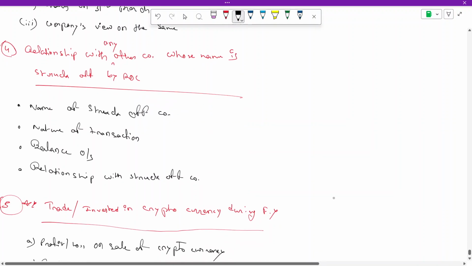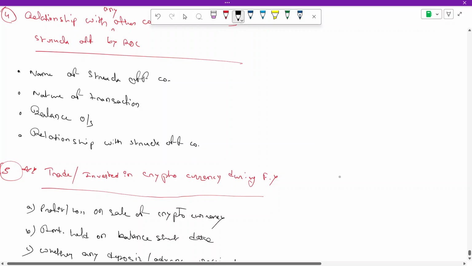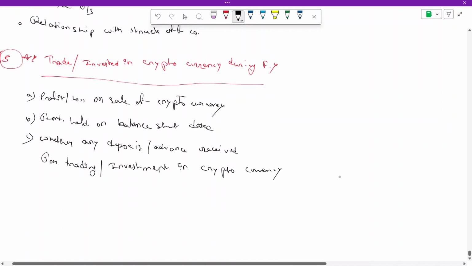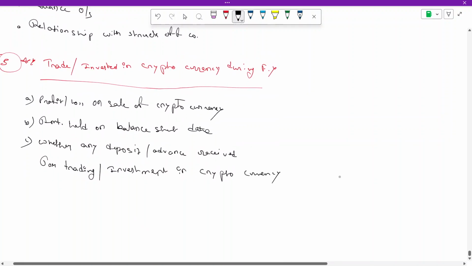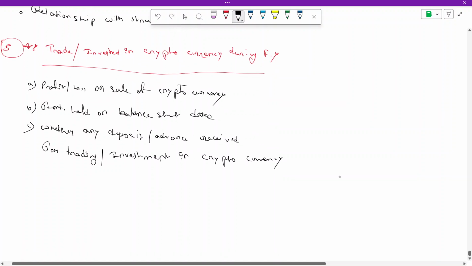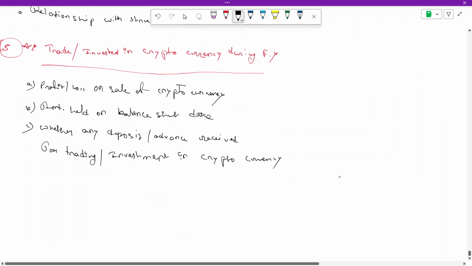For relationship with any other company whose name is struck off by the ROC, name of the struck off company, nature of transaction, balance outstanding, and relationship with struck off company. And in case of trade or investment in cryptocurrency during the financial year, profit and loss on sale of cryptocurrency, amount held on balance sheet date, and whether any deposit or advance receipt for trading or investment in cryptocurrency shall be disclosed.